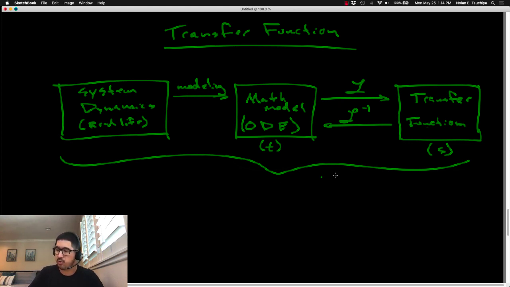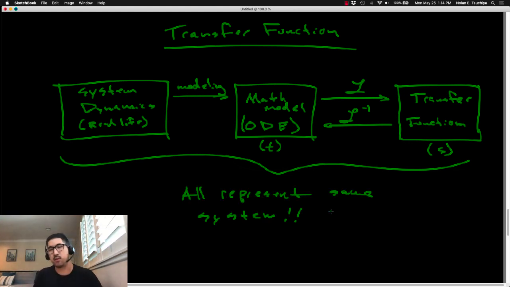This is all going to be tested in your first assignment. The idea here is that all three of these blocks, or containers, represent the same dynamical system. They represent the exact same input-output relationships, which is again what a dynamic system is.